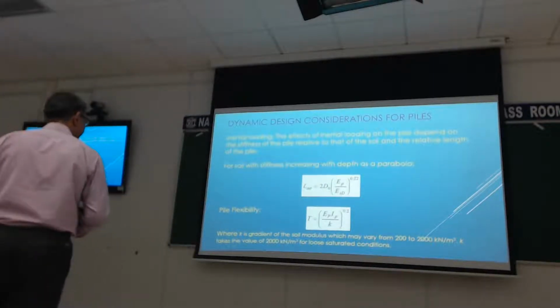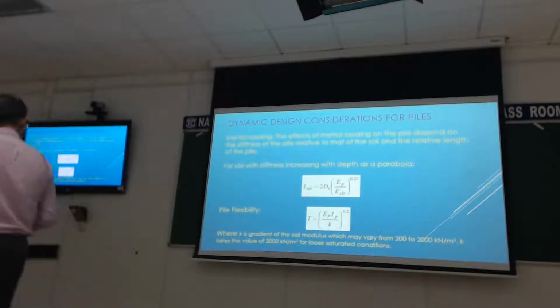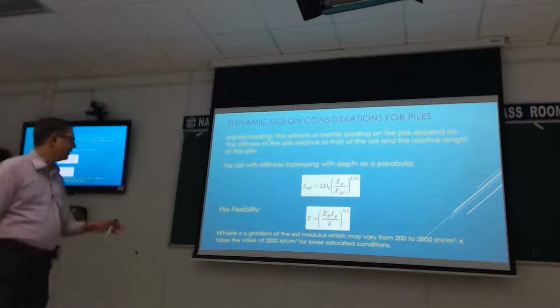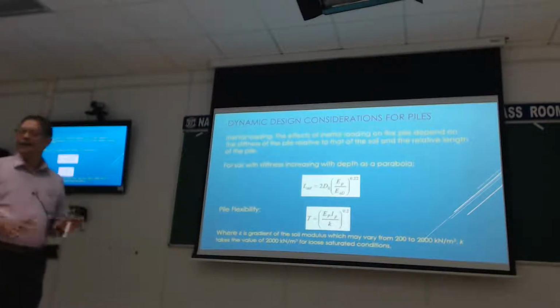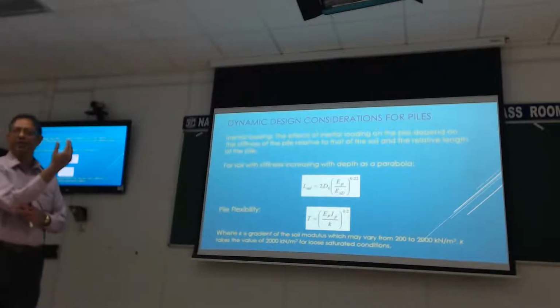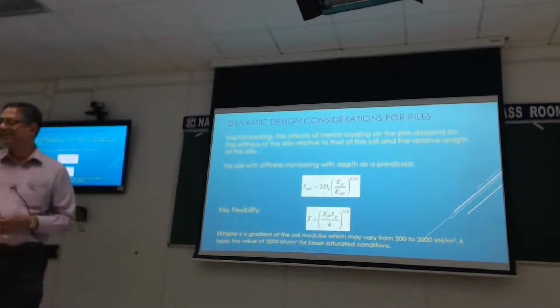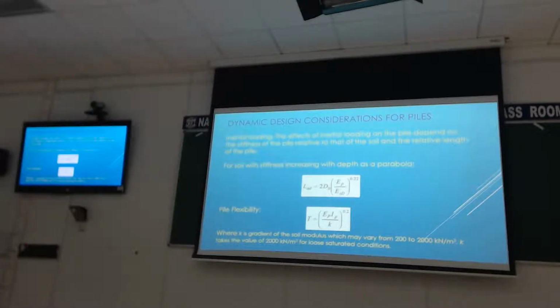Now you can define pile flexibility as this factor T, which depends on EI of the pile, which is its flexural stiffness. We are looking at horizontal vibration, so EI must play a role. And K is the mother of all fixes. It's called the soil modulus. So again, it's coming from the concept that we are having springs on this side, and we are saying, okay, let's try and have a go.